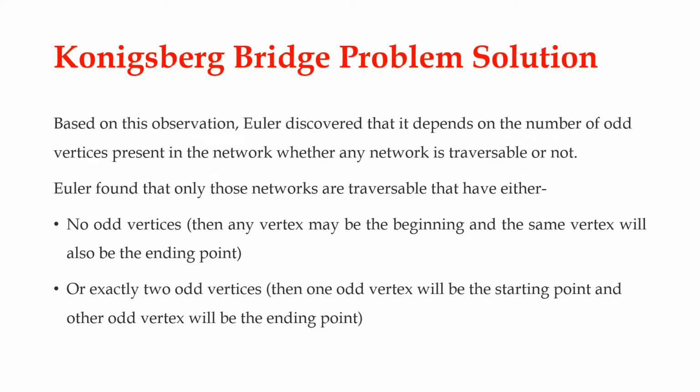Based on this observation, Euler discovered that it depends on the number of odd vertices present in the network whether any network is traversable or not. Euler found that only those networks are traversable that have either no odd vertices or exactly two odd vertices.